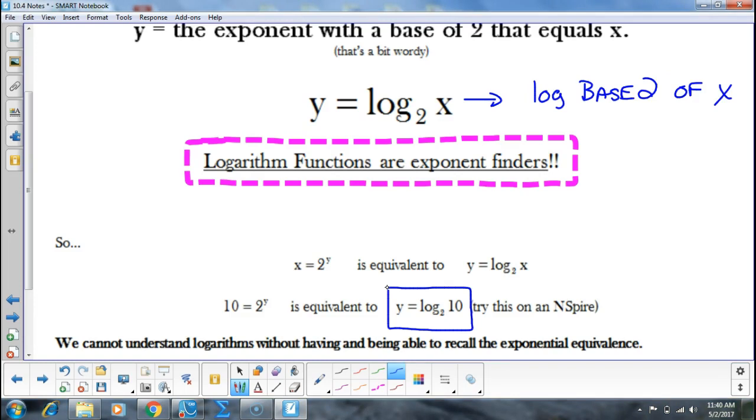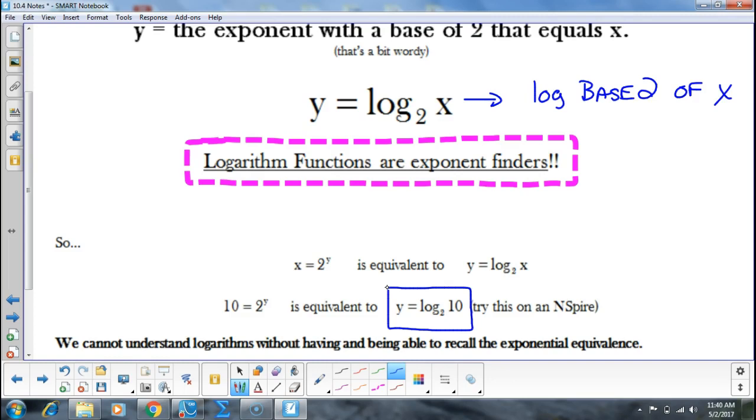Now, some calculators, the most popular calculator in school, this TI-30X2S1, doesn't have log base 2 on it. We'll learn in chapter 11 how you can solve log base 2 problems. It's something called the change of base formula. So these only have log base 10 and log base e on them.